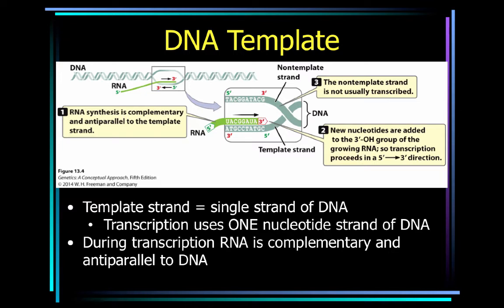And finally, the non-template strand is usually not going to be transcribed. This is where we see our first major deviation from DNA replication, because in transcription, nothing's going to be happening to the non-template strand for the most part. Usually we don't use it. It's just the template strand that is going to be coding for the gene.